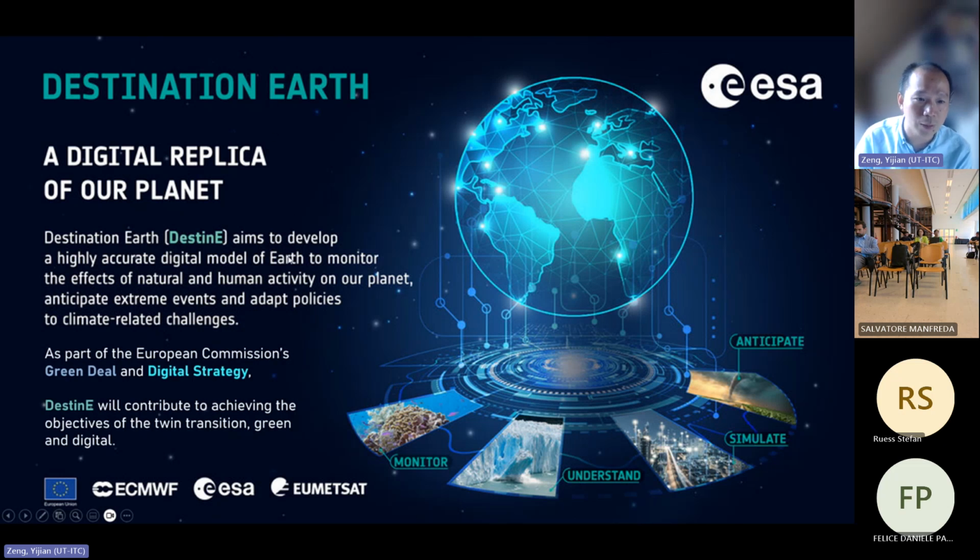It aims to build a very accurate digital model of the Earth and to simulate and also to monitor the natural ecosystem, and also the interaction between the natural ecosystem and human activities. And then as such, to anticipate the extreme events and try to invent some adaptation measures to address these climate related challenges. So this is actually part of the Green Deal.